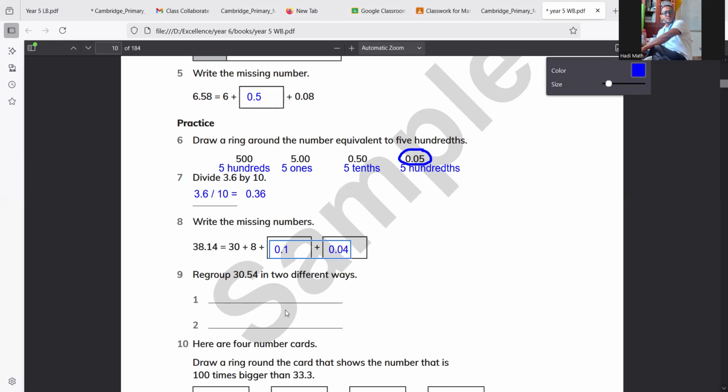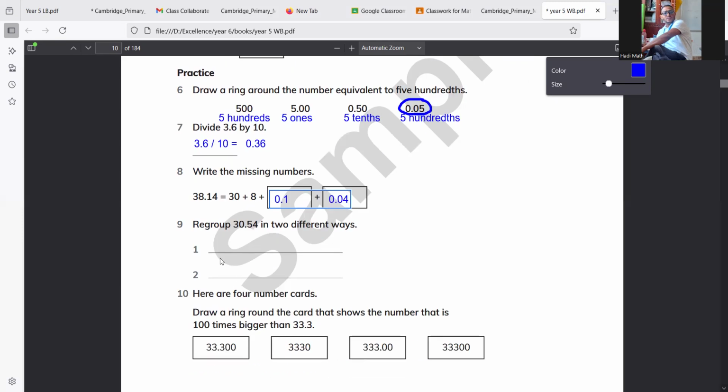Let's go to question number 9. They say regroup 30.54 in 2 different ways. Let's see here. The question is 30.54. You say this equals, you break this number according to its place values. Like the 3 is tens, you say it is 30. Plus, you don't have ones, it is 0, you don't say 0.